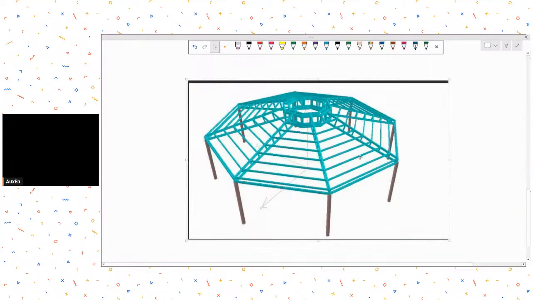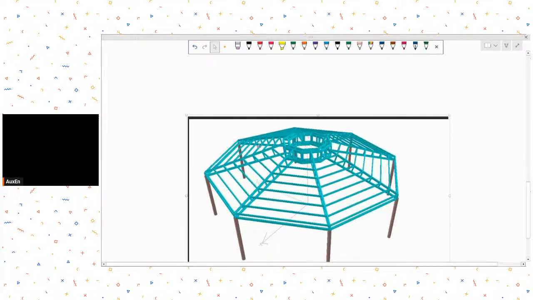Right. So this is his building, circular plan. Maybe some octagonal. Actually, it's not circular. It seems to be a one, two, three, four, five, six, seven. Maybe an octagonal plan or a hexagonal plan. And he is asking how to calculate the wind forces for such a geometry.